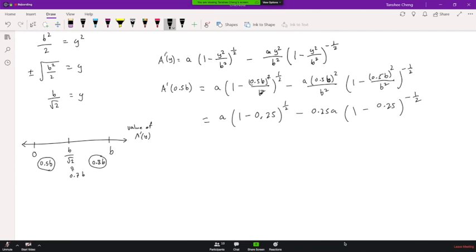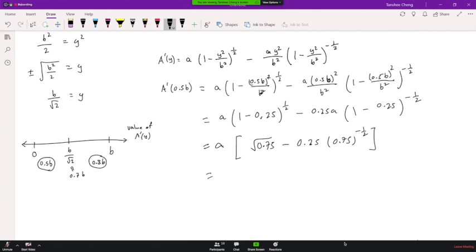Are you all following so far? So I don't know what the value of a is, but what I can do from here is factor a out. And then when I compute just the inside part, this will be the square root of 0.75 minus 0.25 times 0.75 to the negative 1/2 power. So when you compute this, what is this value? Remember, a is always a positive number, okay?